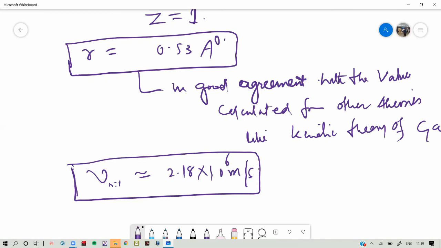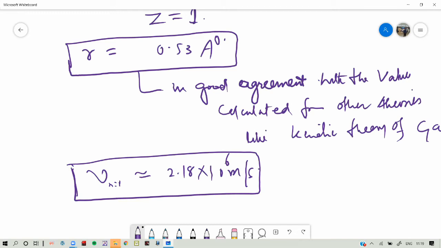If you compare this value with the speed of light, most often we assume that the electron moves with that speed, but for the first orbit, n equal to 1, this is less than 1% of the velocity of light.